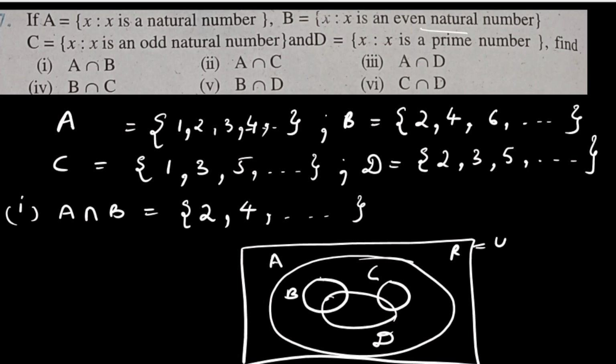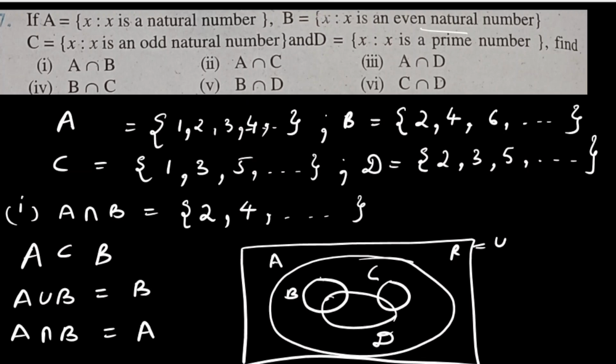This will help you answer this question because, especially in the case of intersection and union, we have done one property. If any set A is a subset of B, then the union A union B will be equal to B, and A intersection B will be equal to A. Union will be equal to the superset, intersection will be equal to the subset.